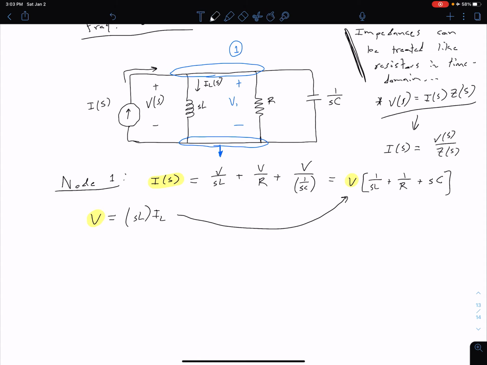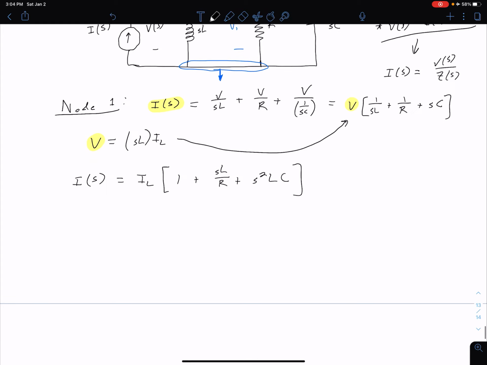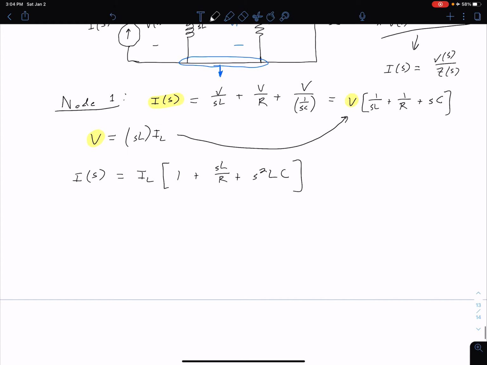into here, and what we get is that our I of s is equal to I_L times, and if we multiply that sL through, we of course just have 1 for that first term, plus sL over R plus s squared LC. And now it's just a matter of rearranging to find our transfer function.